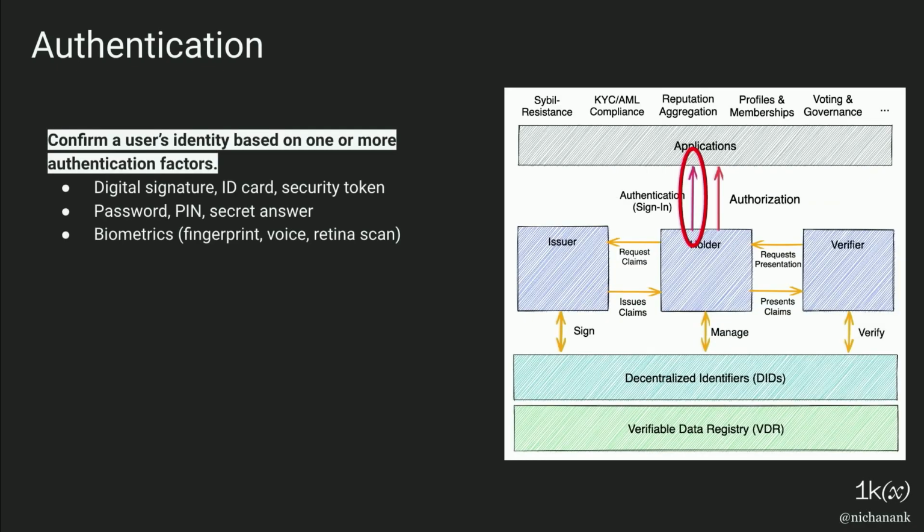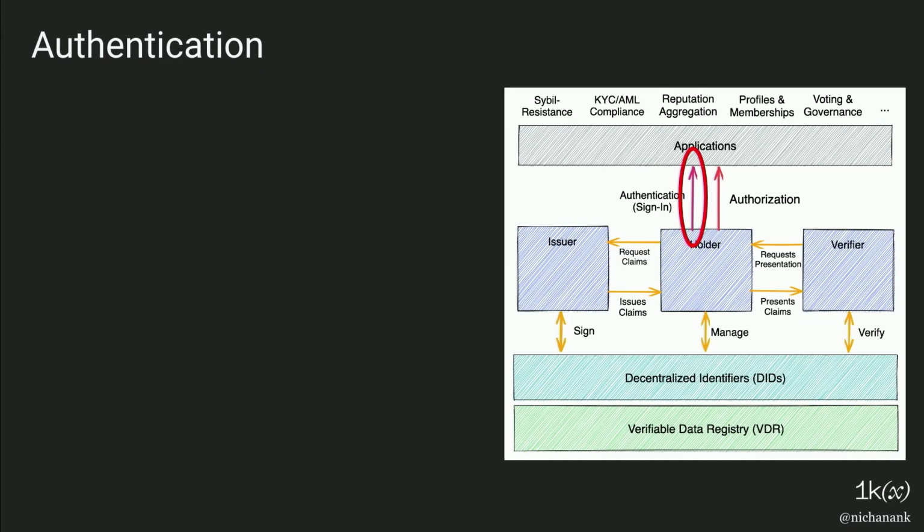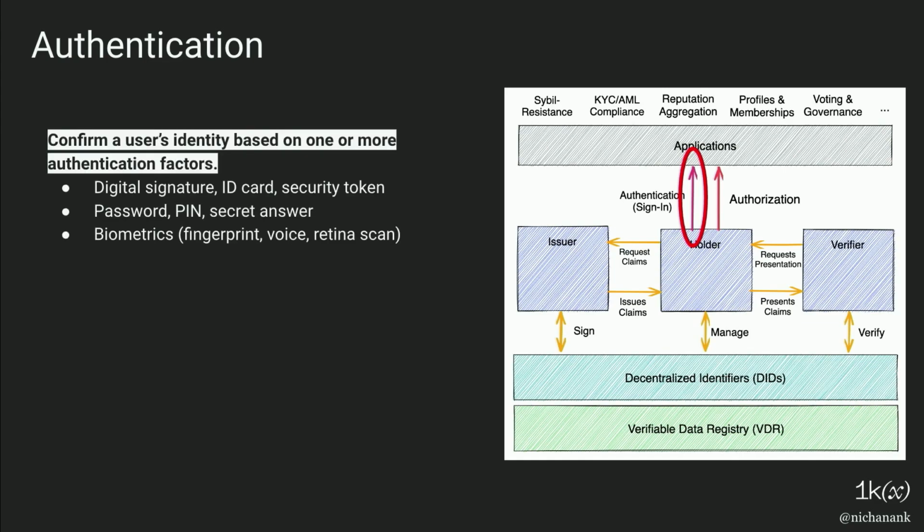In terms of authentication, authentication essentially is the process where you're confirming your identity based on one or more authentication factors. These can be a digital signature, your ID card, a security token, or, in the Web1 paradigm, where you're putting in a password.